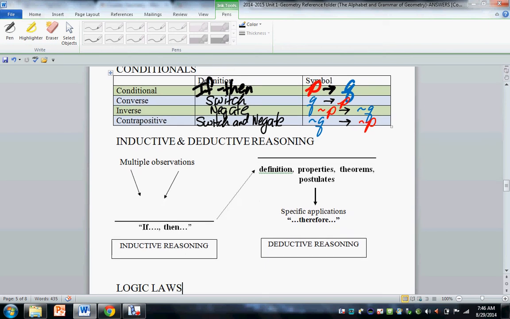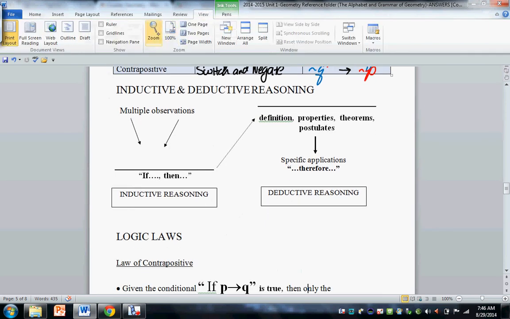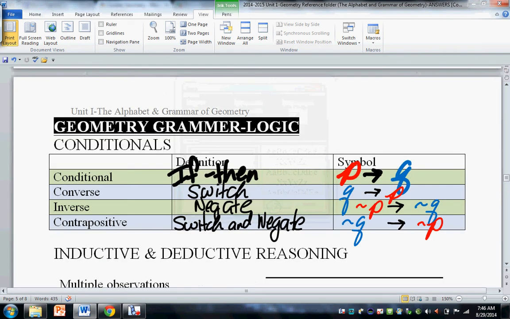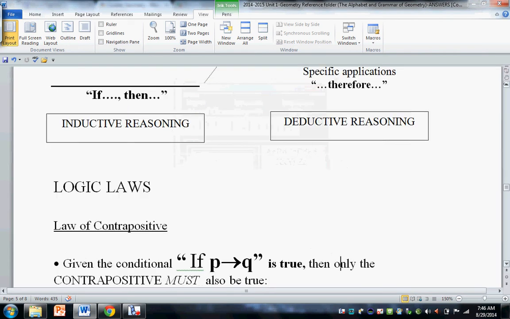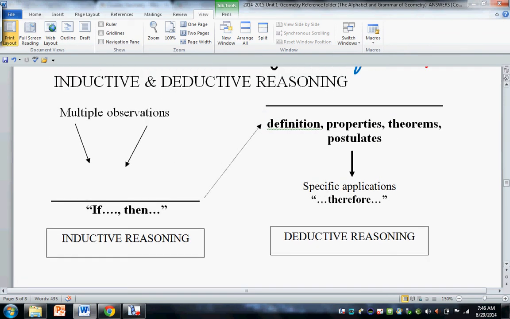The next section is called inductive and deductive reasoning. Now this, you honestly understand quite instinctively. Let me give you a couple examples.